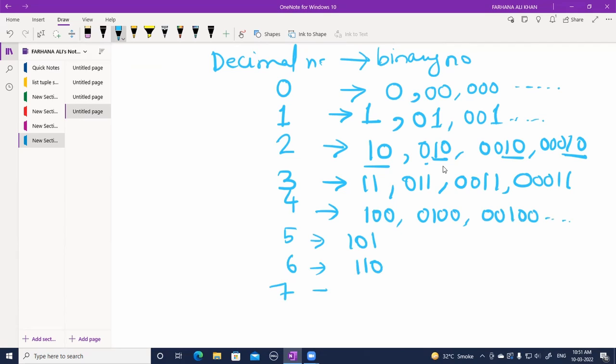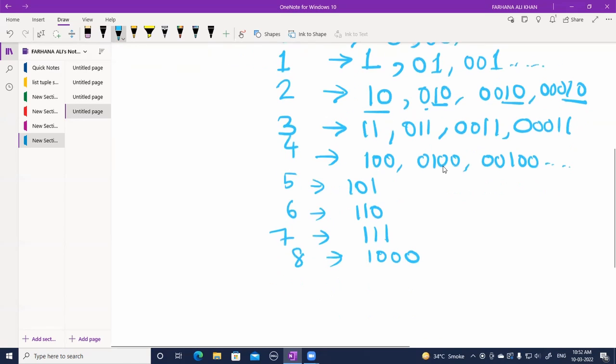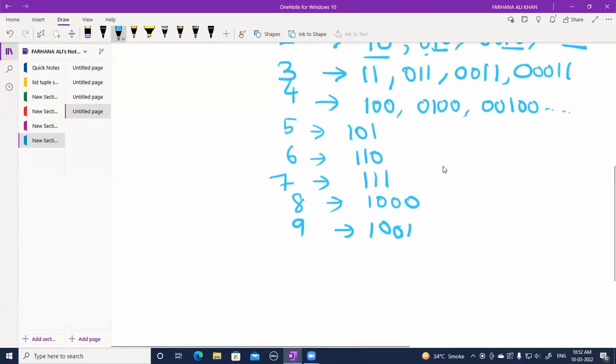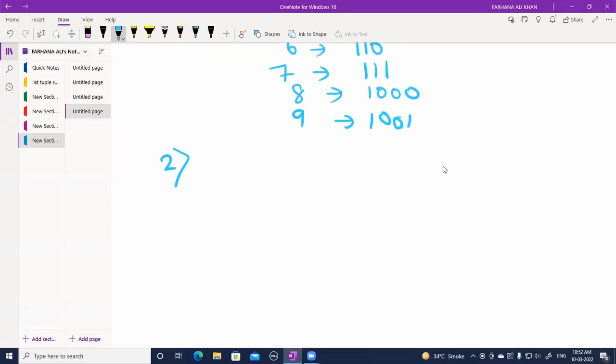Number 7 will be 111. Number 8 will be 1000. Number 9 is 1001.